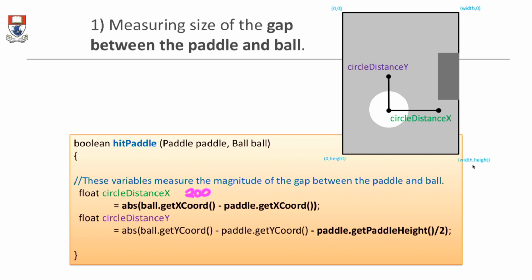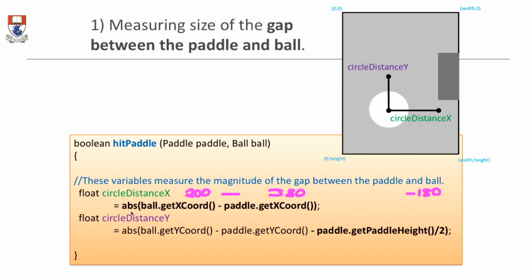And it also says that the paddle is at 380, 100. So the x always comes first. And in this case, the paddle is at 380. So it's 200 minus 380, which is going to give you minus 180.